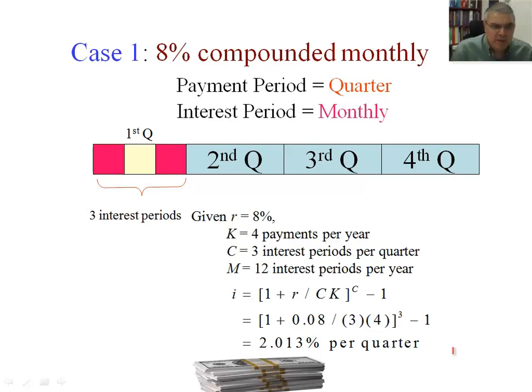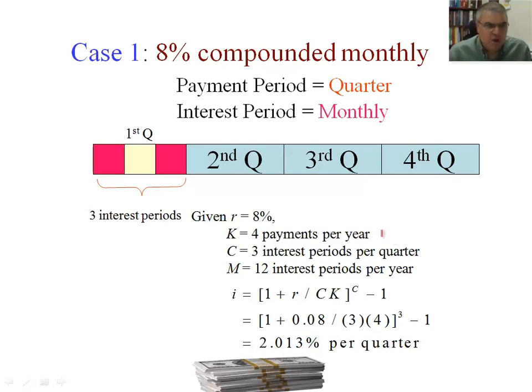The payment period would be that entire quarter, but the interest period would be monthly. Now the situation is somewhat different, and I wanted to demonstrate this using the equation. That's why we avoided the simple method in case 0, to demonstrate the application of the equation and how it would affect the answer.